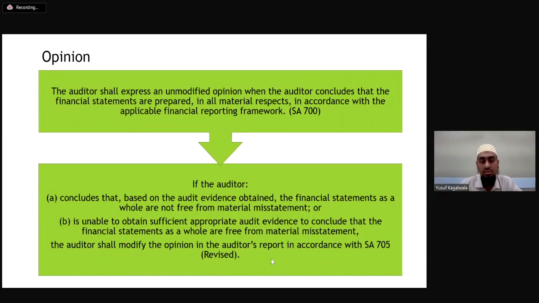When the auditor concludes that sufficient appropriate audit evidence has been obtained, and the financial statements are not free from material misstatement, maybe at a normal account level, or maybe at the financial statements as a whole, or the auditor is unable to obtain sufficient appropriate audit evidence which will enable him to conclude that the financial statements are free from material misstatement. So there are two scenarios.